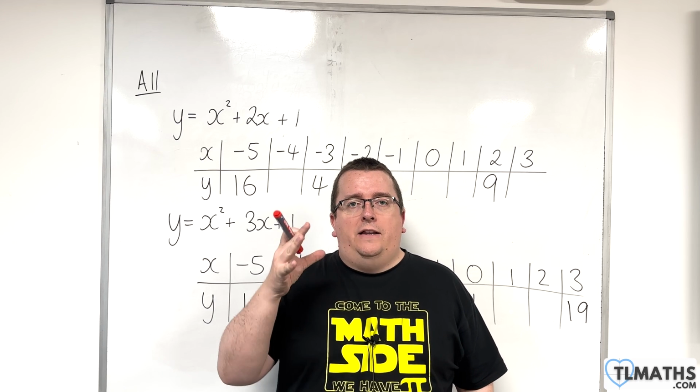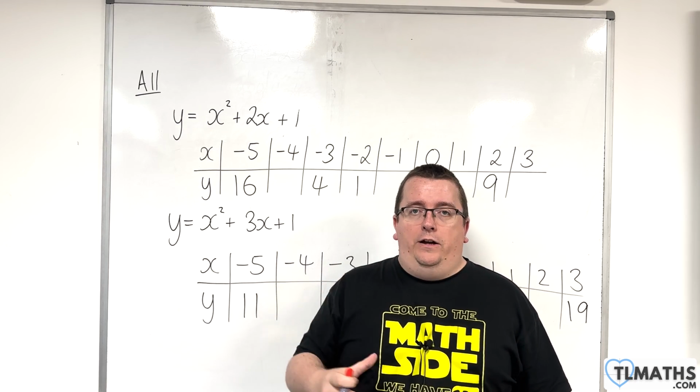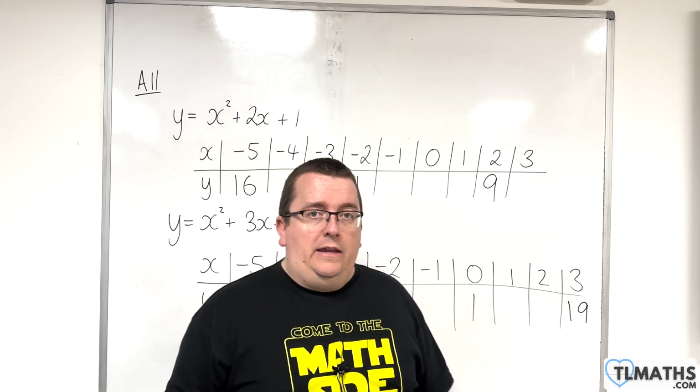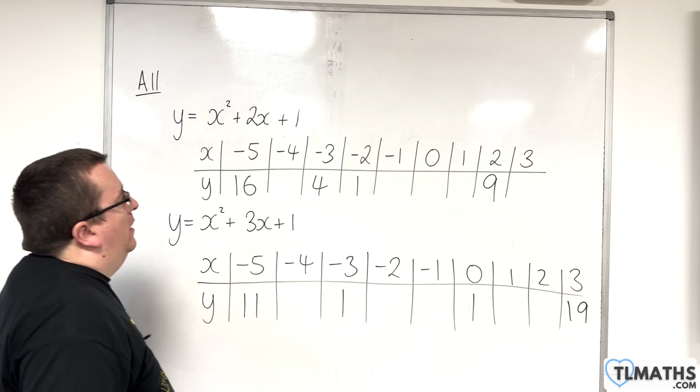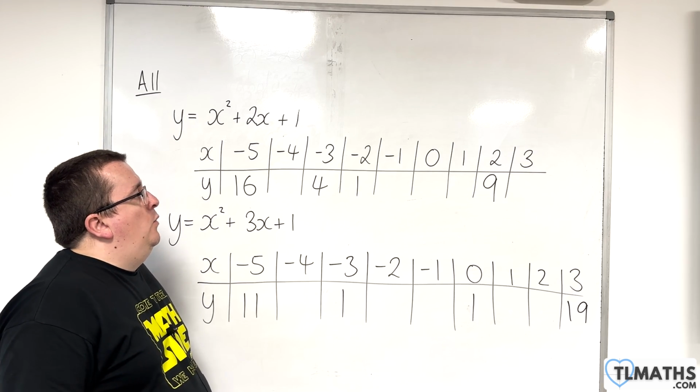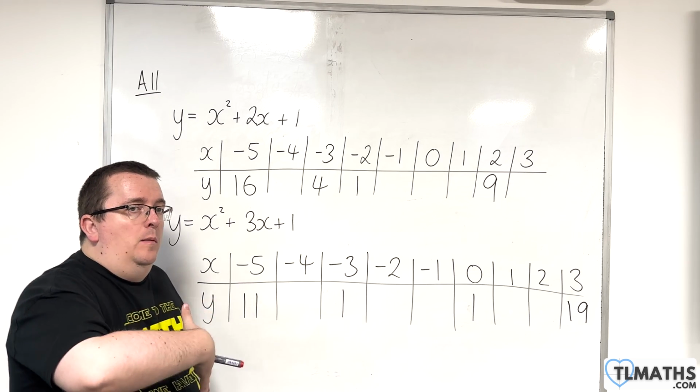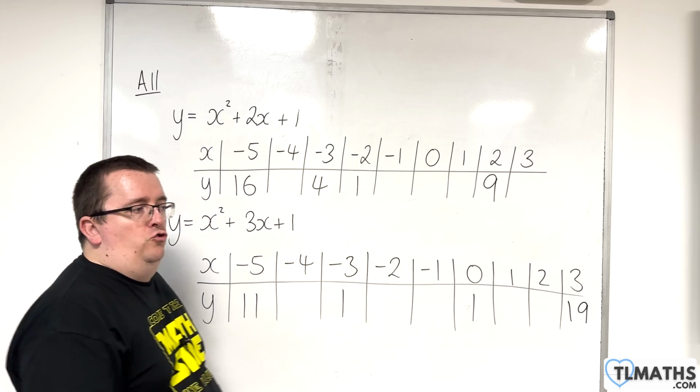Now, knowing that a parabola has a line of symmetry is really useful when it comes to filling in a table like this, where we're going to then plot the points and then draw the curves.